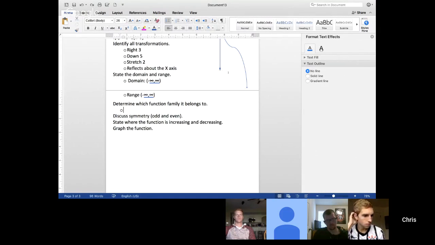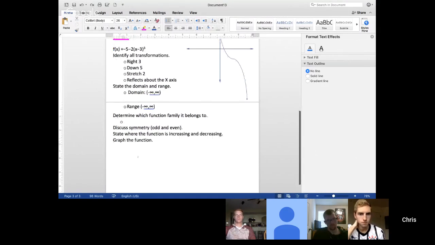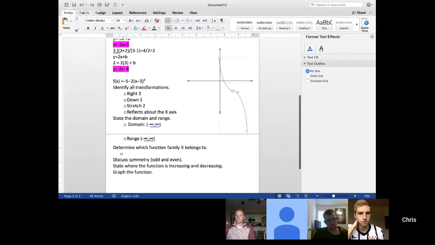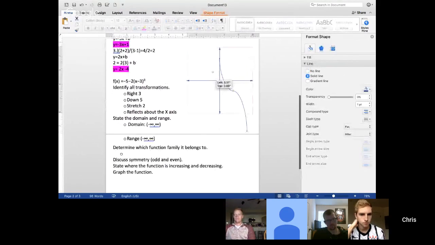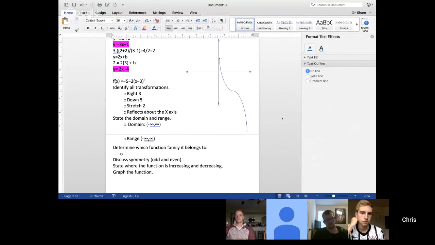Oh, it says graph the function. We already did that. Function family. Wouldn't it be? I'm guessing it's this.